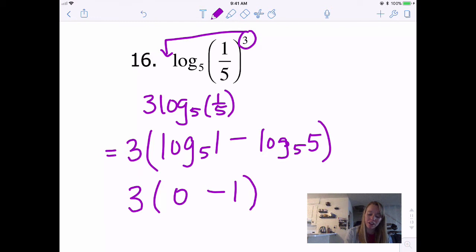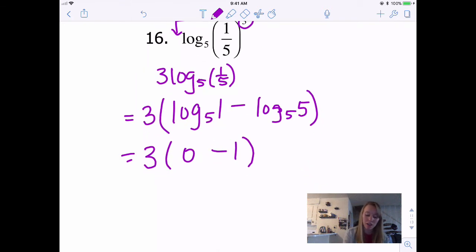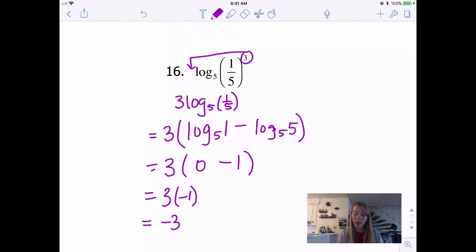Notice it's set up very, very similarly to the last problem. I get 0 from 5 to what power gives me 1. I get 1 from 5 to what power gives me 5. So I get 3 times -1 is just -3, which would actually make sense for us as well here because I'd have 1/5, which would be 5 to the negative 1, and then to the 3. So I'd have just negative 3 as my answer.